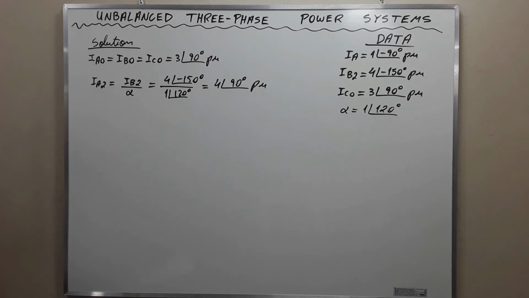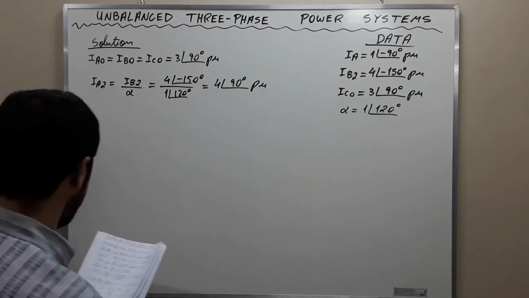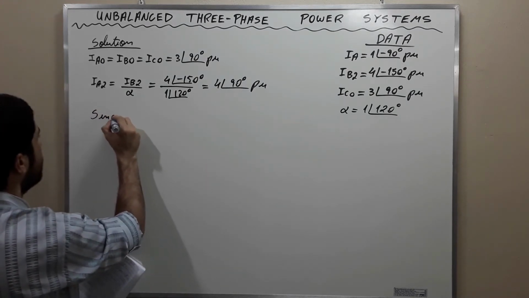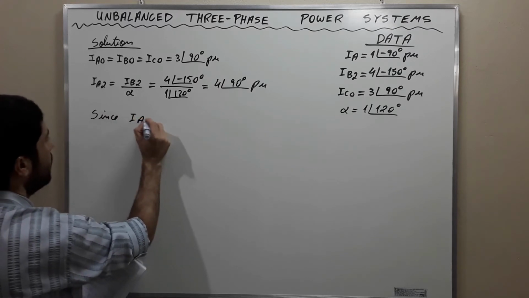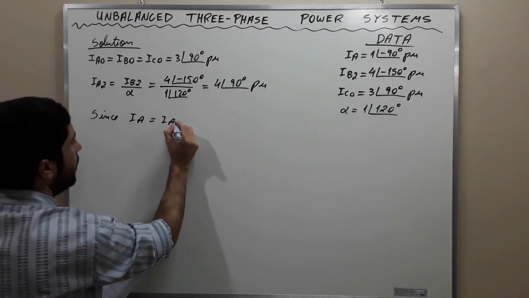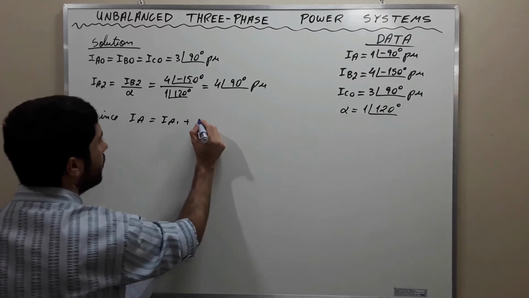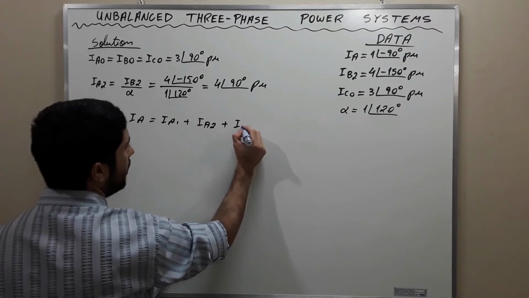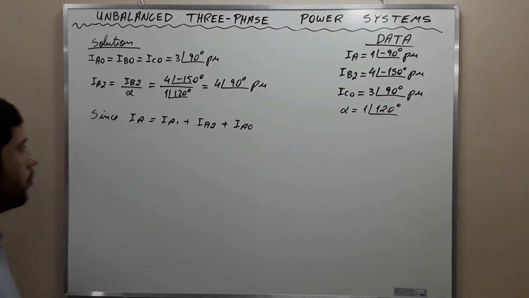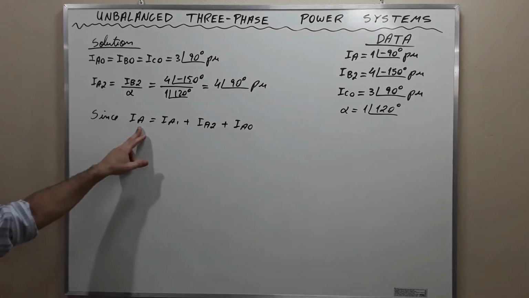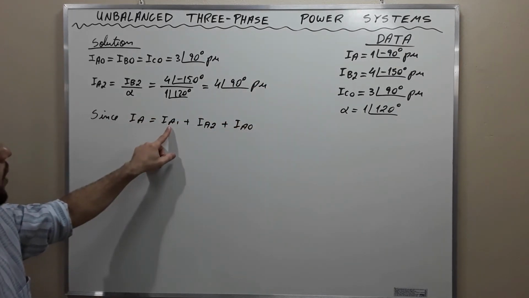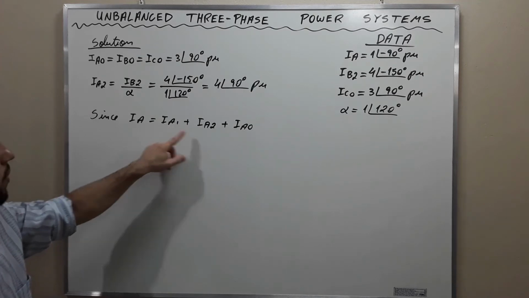Since IA is equal to IA1 of positive sequence plus IA2 of negative sequence plus IA0 of zero sequence, this value here is what we want to find.